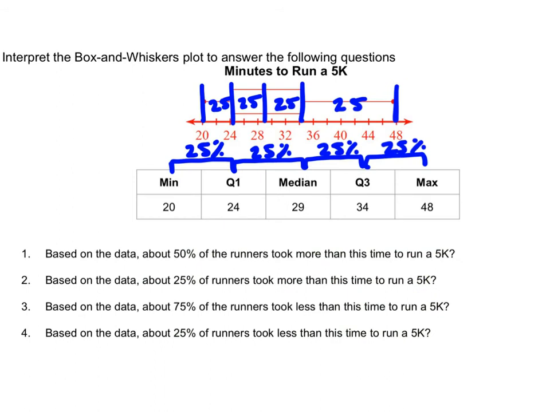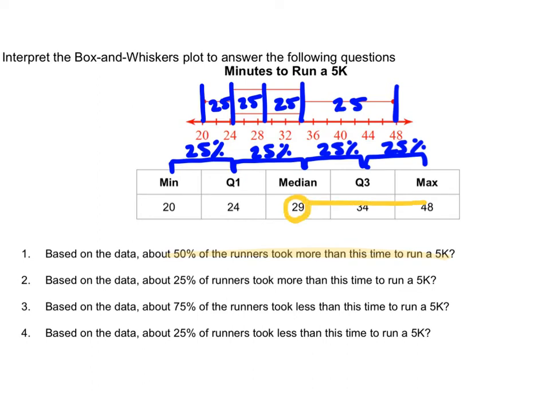Now the next examples ask us to determine which values will return a specific percentile. The first one, for example, says based on the data, about 50% of the runners took more than this time to run a 5K. So if I want all the values that are greater than a specific number and have it only cover 2 of the 25 percentiles since it's 50, I want to include the 2 percentiles to the right.